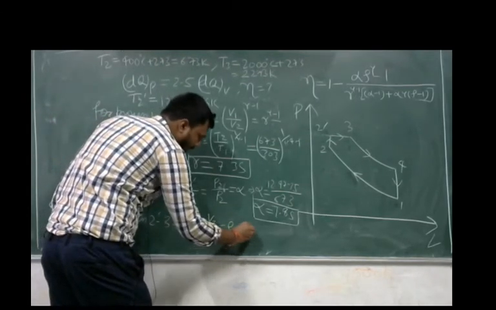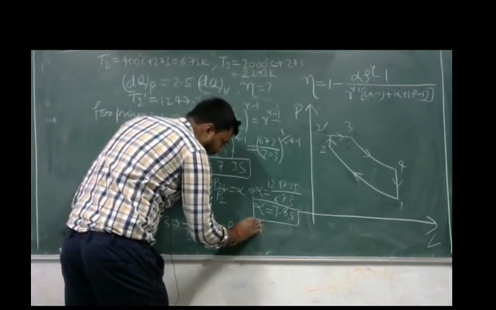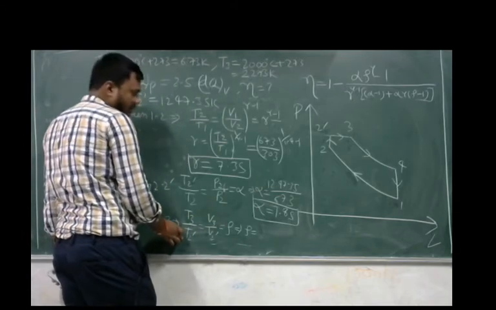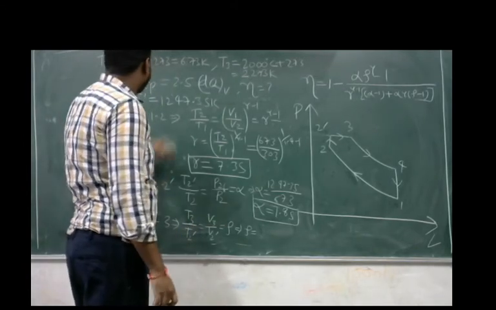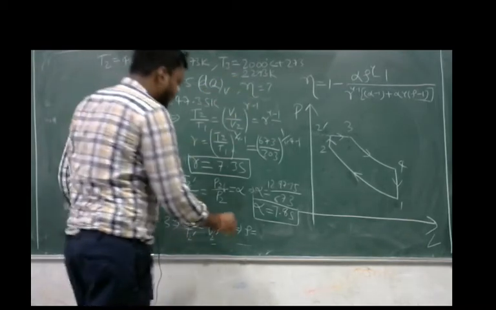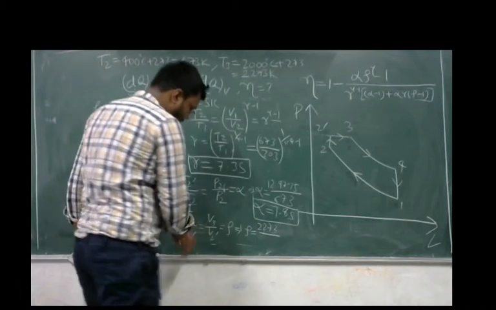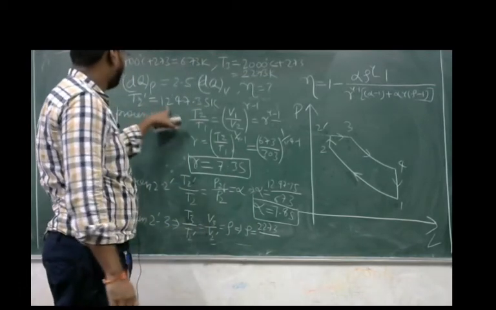So here we can find the cutoff ratio rho equal to T3 by T2 dash. Put the value of T3 and T2 dash. What is the value of T3? T3 is equal to 2273, divided by T2 dash equal to 1247.35.